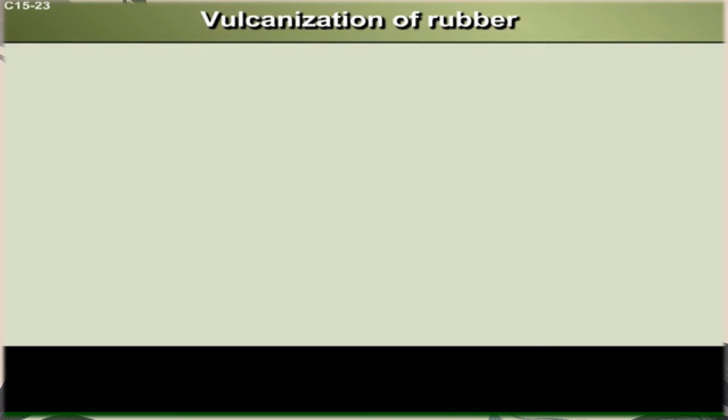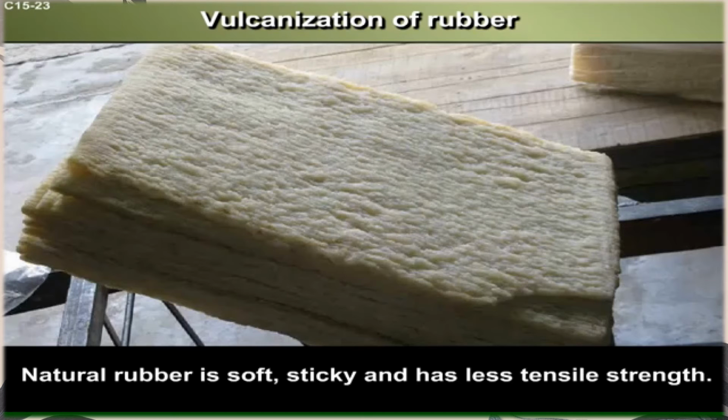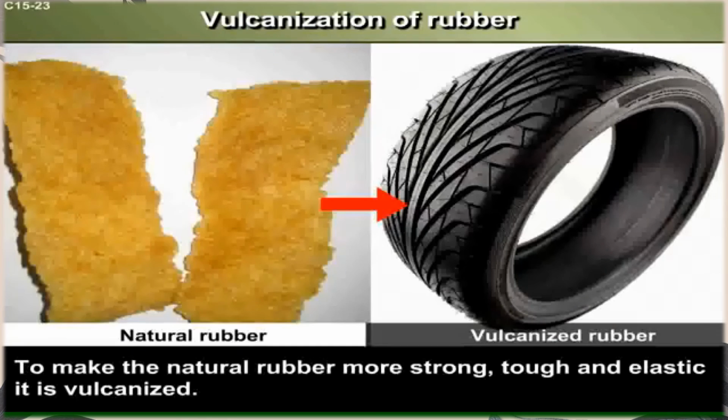Vulcanization of rubber. Now, natural rubber is soft, sticky, and has less tensile strength. To make the natural rubber stronger, tougher, and more elastic, it is vulcanized.